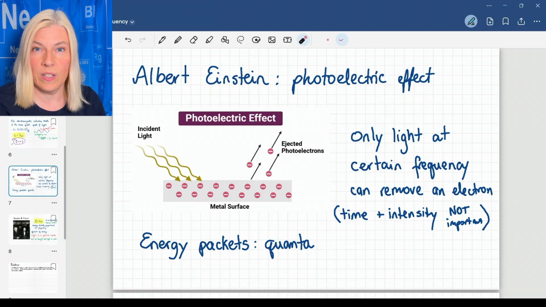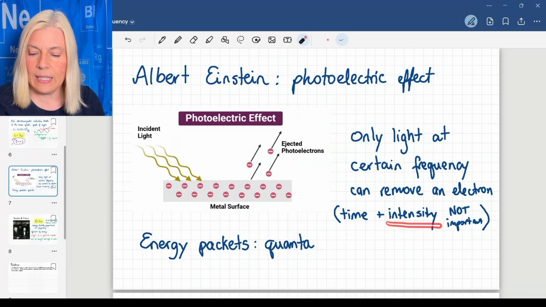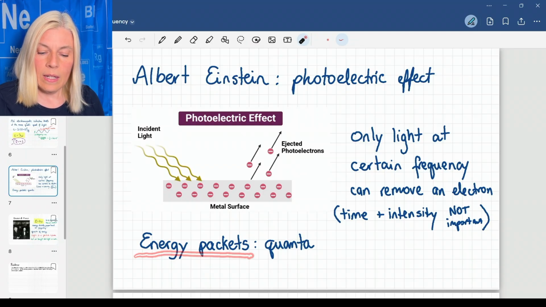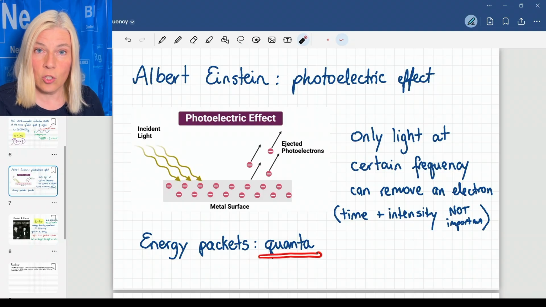It didn't matter how long he shone the light, and the intensity did not matter. So time and intensity were not important. Only frequency was important to remove an electron. He realizes that there have to be little packets of energy that remove electrons. He calls these packets of energy quanta.